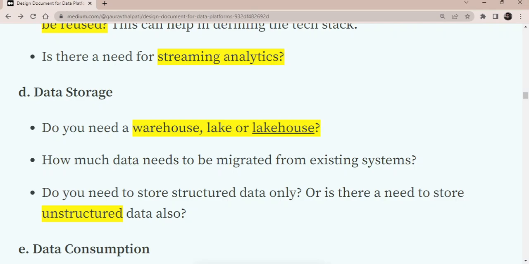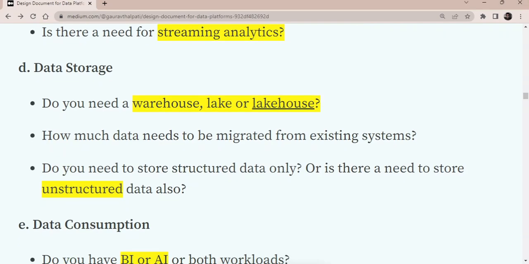It also depends on what you currently have, how much data you have, whether you have structured data or unstructured data. If you are just dealing with structured data, which again may not be relevant in today's times, everyone wants to have their unstructured data also analyzed. But if you're just dealing with structured data, you can go for a warehouse.